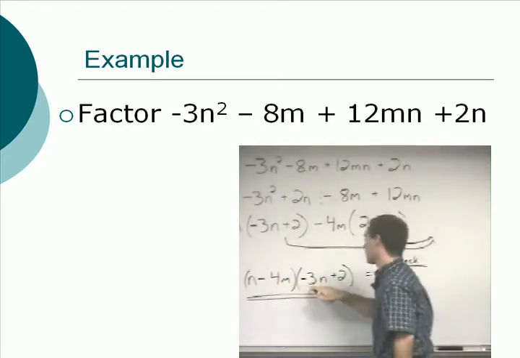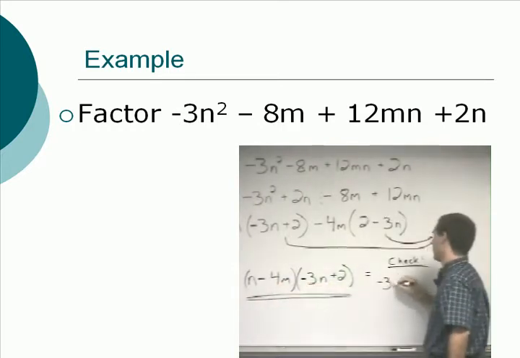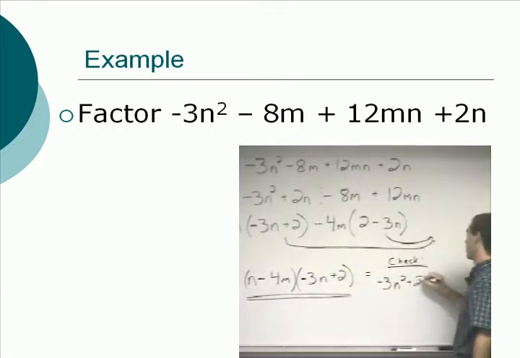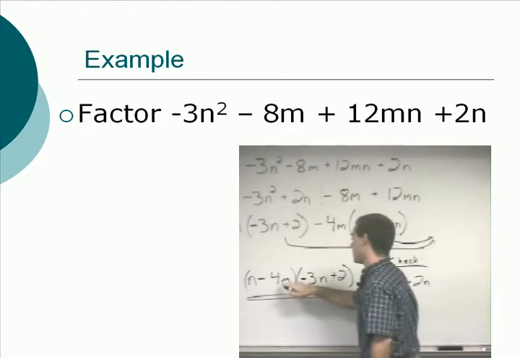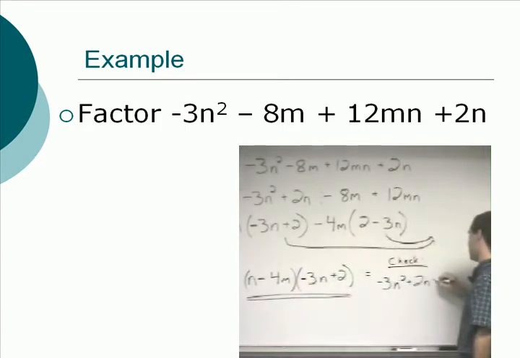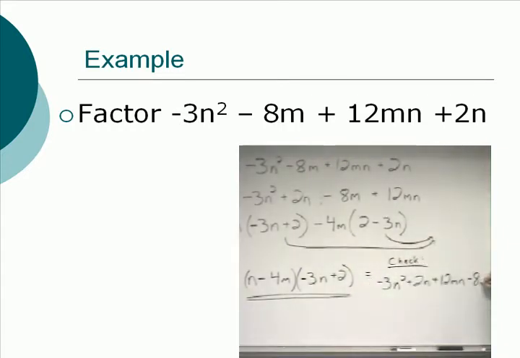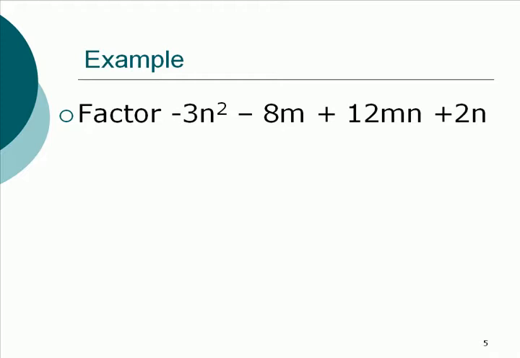If we multiply this out, we're going to have negative 3n squared plus 2n plus 12mn minus 8m. Is that what we had? It is. Okay, so you can always know whether your factoring is correct because you can multiply it back out and you should get your original expression. Okay, so we can factor by grouping.